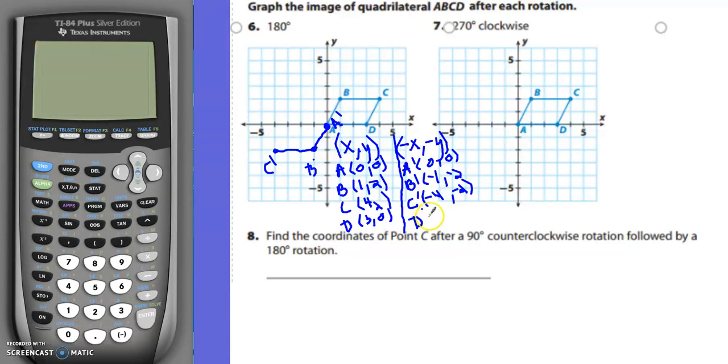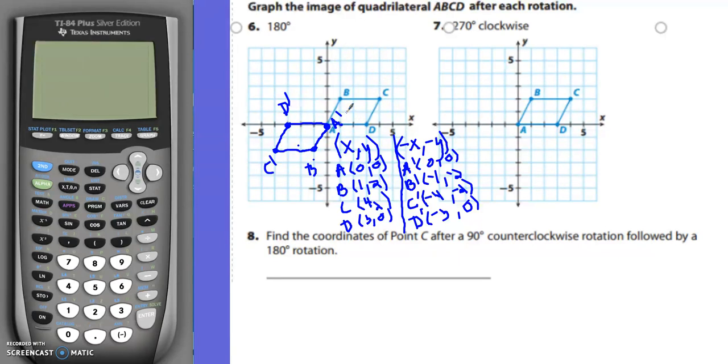So that is going to be -3 and 0. So 1, 2, 3. Okay, notice that this is 180 rotating. So think about a straight line passing through here and you rotating it.